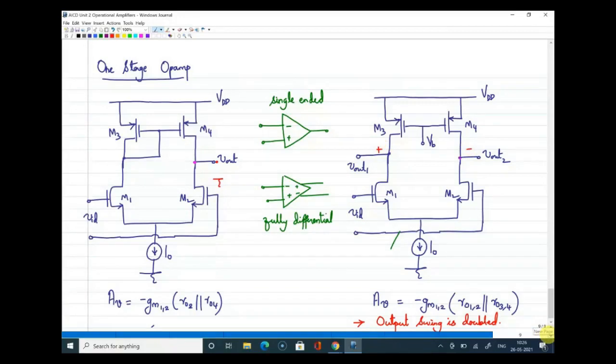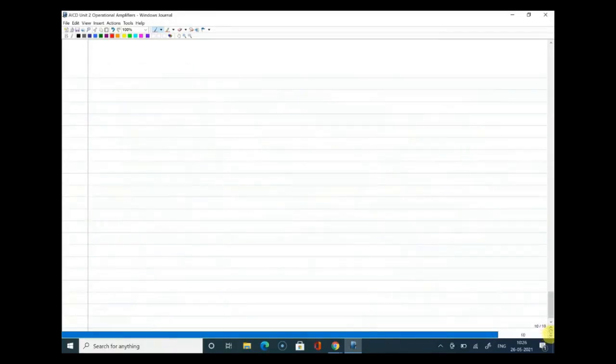All right. So now we will quickly see one question. So I'll write the question here. We know what is ICMR, especially for the previous circuit. So the question is to calculate the ICMR, which is input common mode range, of a unity gain buffer.